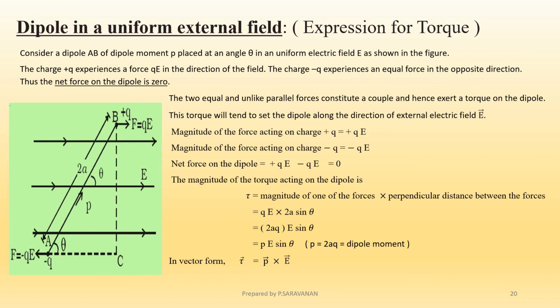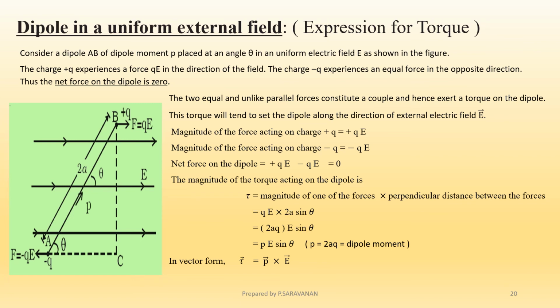The magnitude of the torque acting on the dipole is given by tau equal to the magnitude of one of the forces times the perpendicular distance between the forces. Now look at the picture. The perpendicular distance between the two forces QE and -QE is equal to BC.